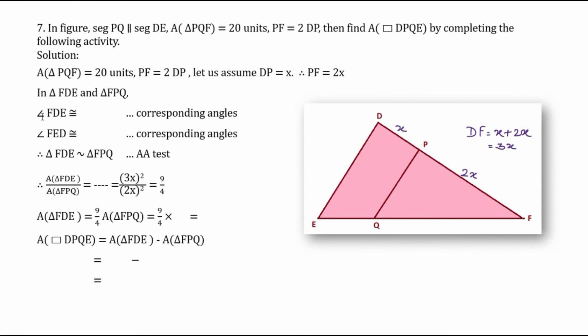What we have to write is: angle FDE is congruent to angle FPQ, because segment PQ and DE are parallel. This is a very important step. Hence we can write like this, and these two angles are corresponding angles because of this given parallel.